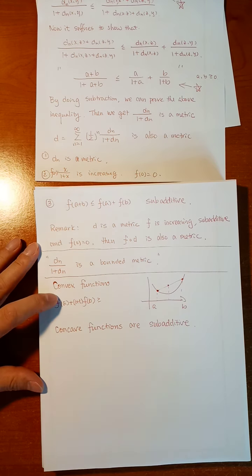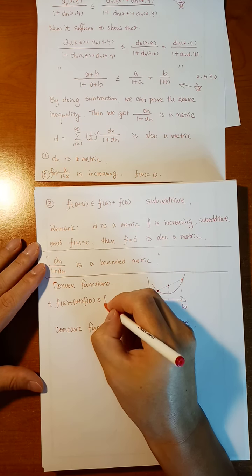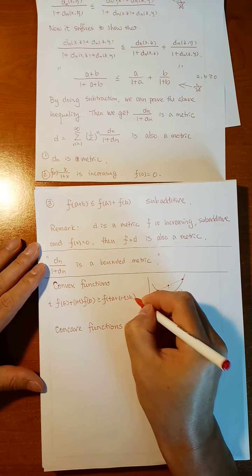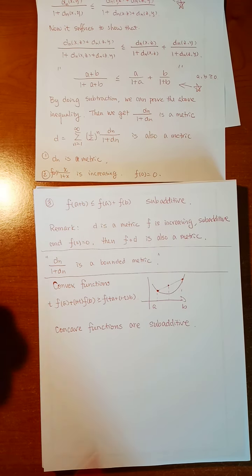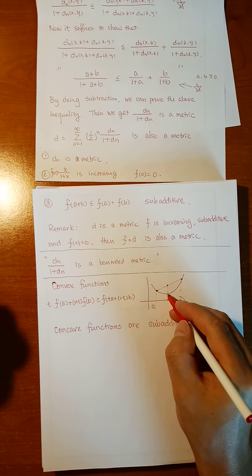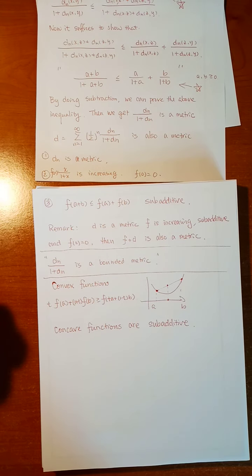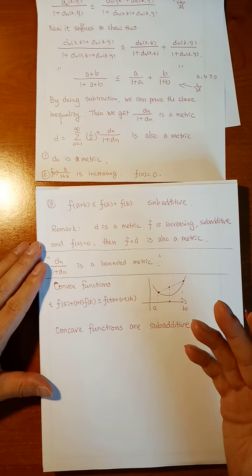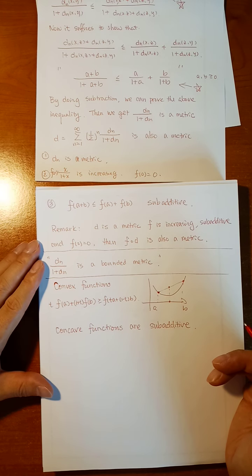It's a linear combination. The point ta + (1-t)b is here, so the value is lower than this. That is convex. Concave is the other way.